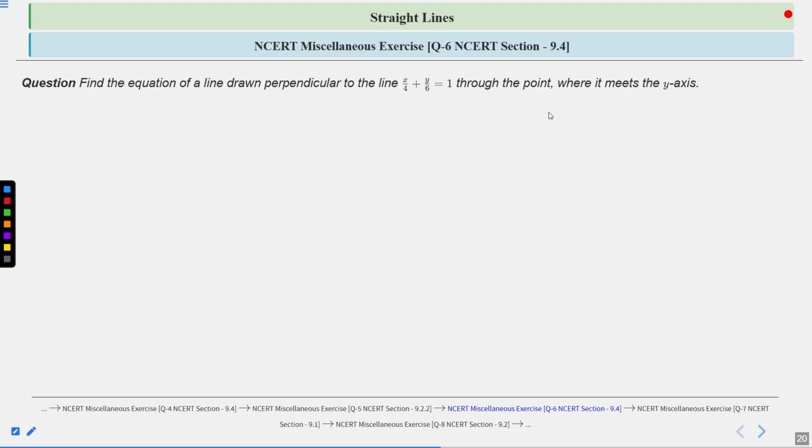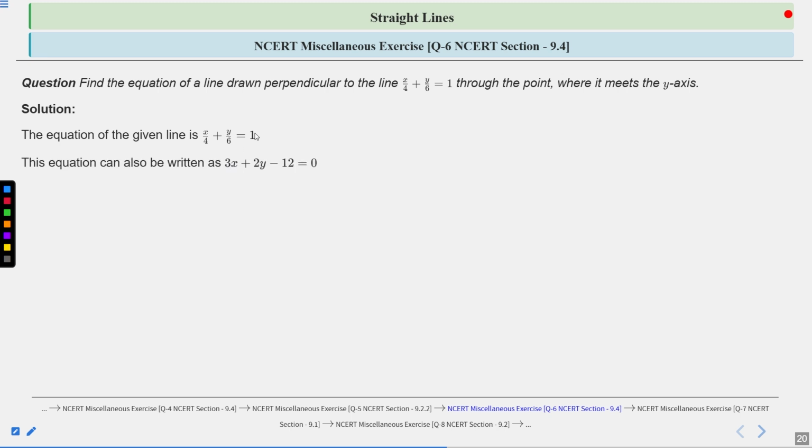Okay. So now we will solve this question. First of all, try to understand this question. We have to find the equation of a line drawn perpendicular to the line x over 4 plus y over 6 equal to 1 through the point where it meets the y-axis. The equation of the given line is x over 4 plus y over 6 equal to 1.